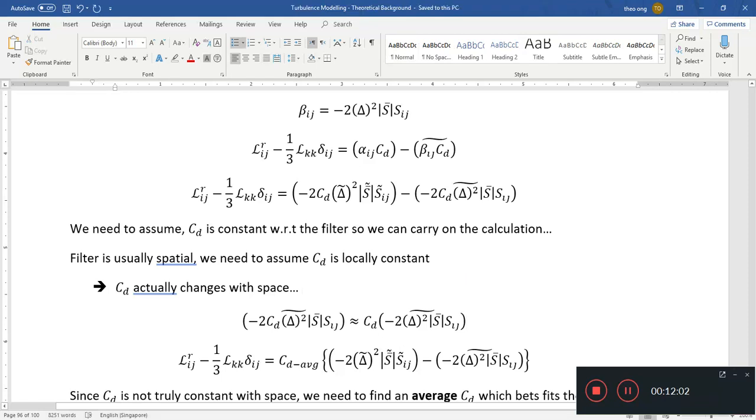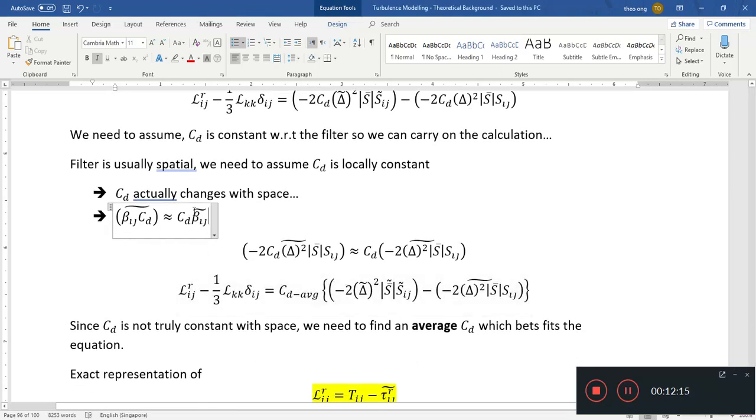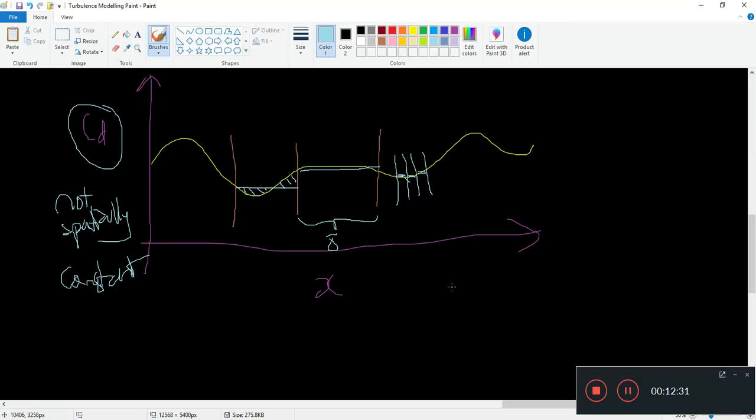So this should approximately be CD and then beta ij tilde. We make that approximation by assuming CD is constant with respect to the filter, or rather, the right way to say it is locally constant, so that within the filter, the value of CD doesn't change. How does this look like?